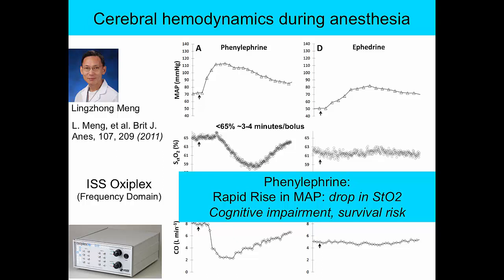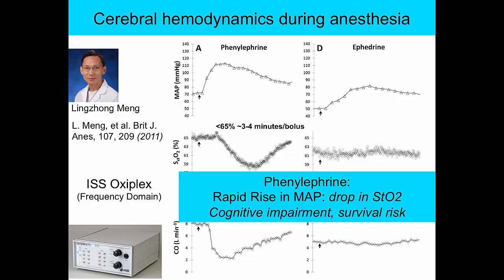And this appears to be correlated with a drop in saturation. And other people have shown, actually lots of studies in the literature have shown that when your brain oxygenation drops frequently during surgery, there can be cognitive impairment. It's called postoperative cognitive decline, and it's a pretty well-known phenomenon.